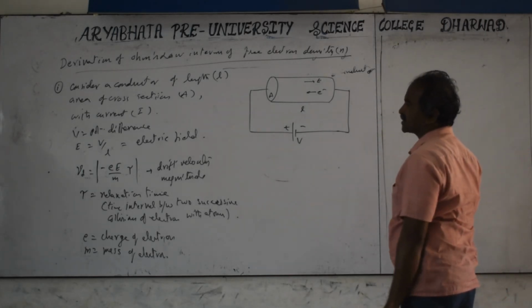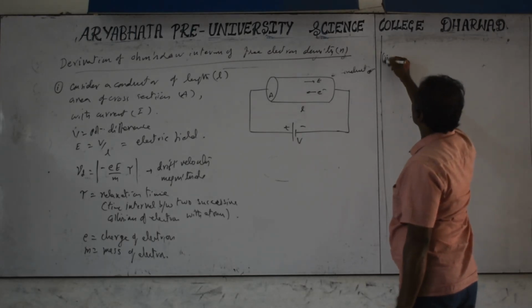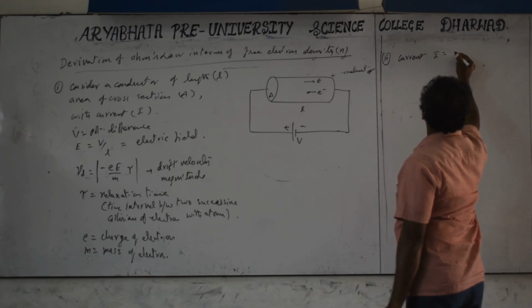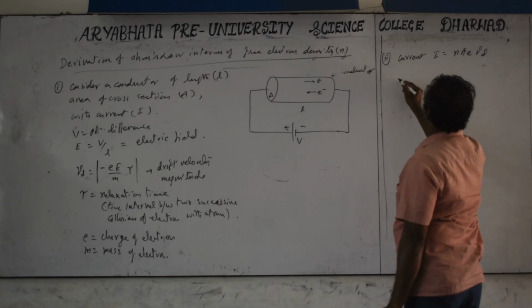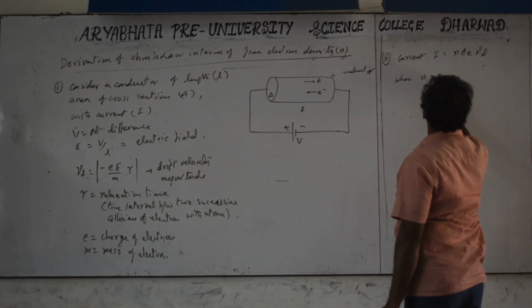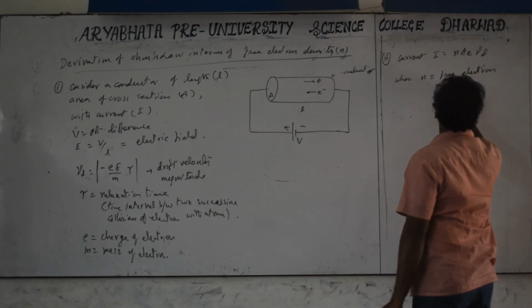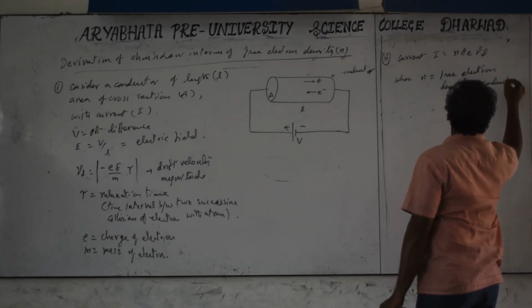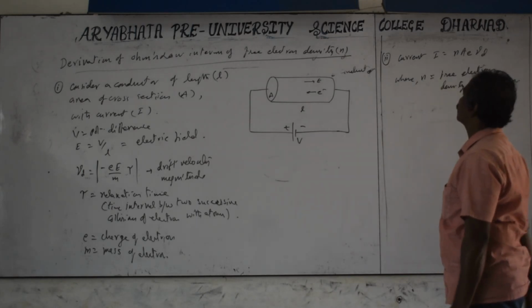Relation between the current and drift velocity: I equals n A e Vd, where small n is the free electron density.